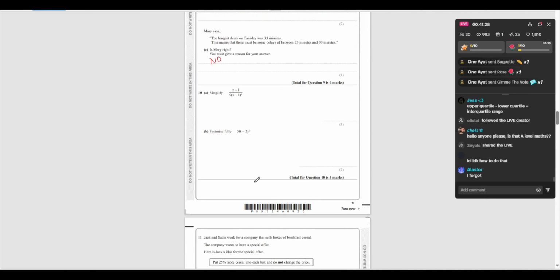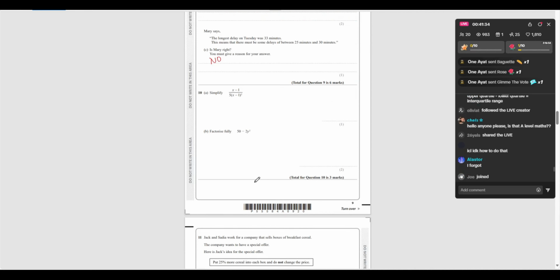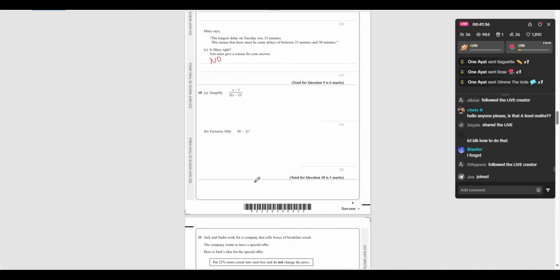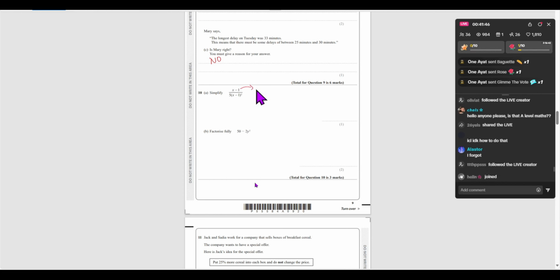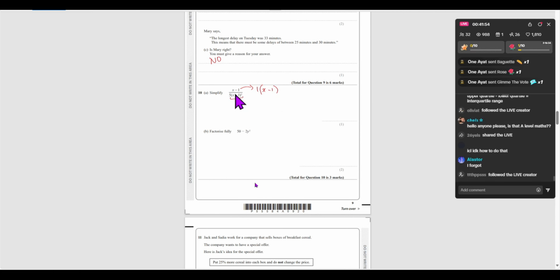So we're going to go to question number 10. We need to simplify this. Who knows how to simplify this? It's actually very simple. Basically, we can factorize this x minus 1. We factorize it, and then you can put this as double brackets.